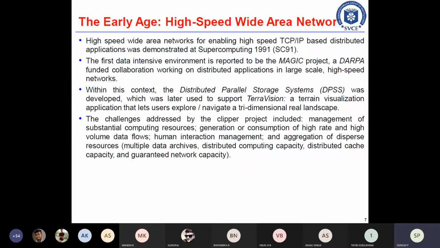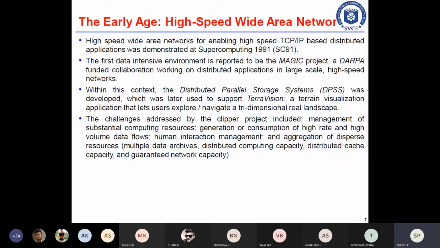For defense purposes, they made use of the data intensive environment, and that project is called the MAGIC project. It works on large scale distributed applications, where high speed data networks are required.